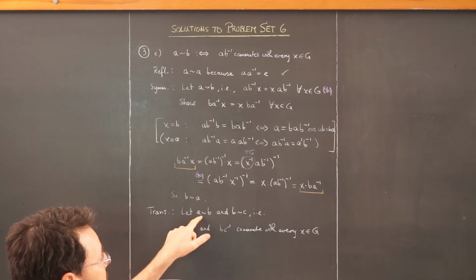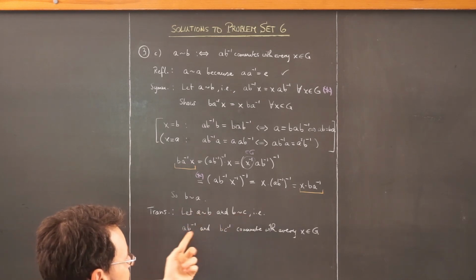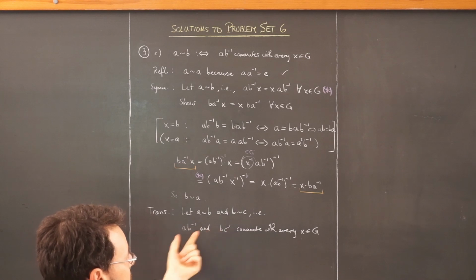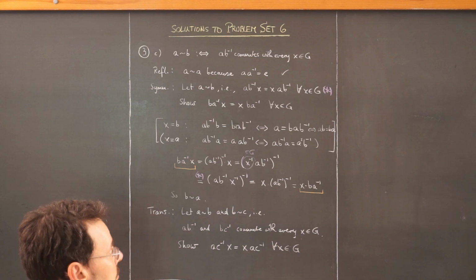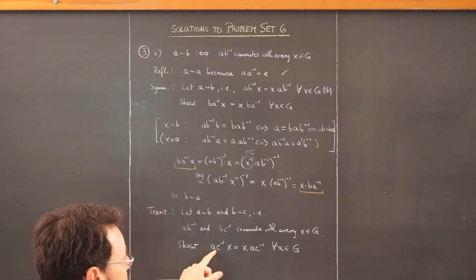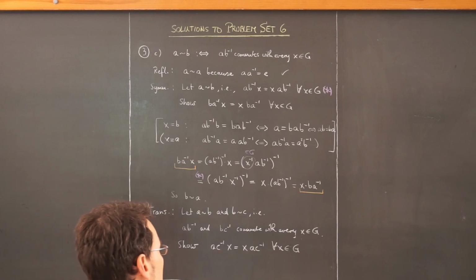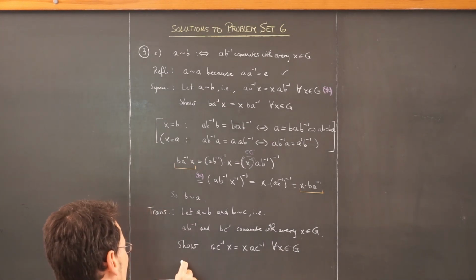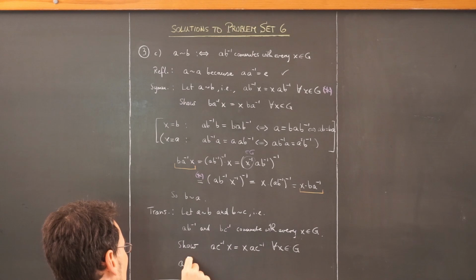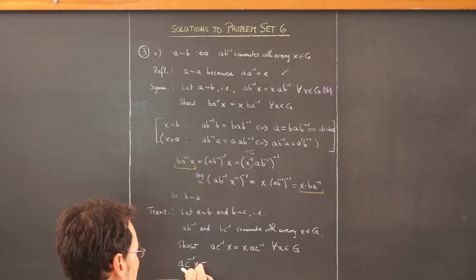So we assume A is in relation to B, B to C. This means that these two both commute with every element of the group. Then we need to show that this is also true for the product AC inverse. Hopefully this is going to be easy.